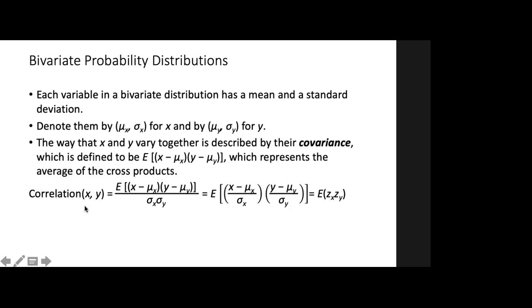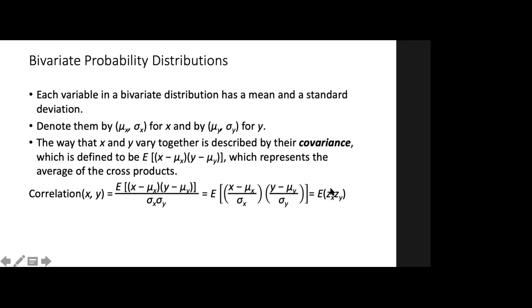For the correlation, we just have to divide by the standard deviations. That shows us that the correlation coefficient is the expected value of the product of our z-scores.